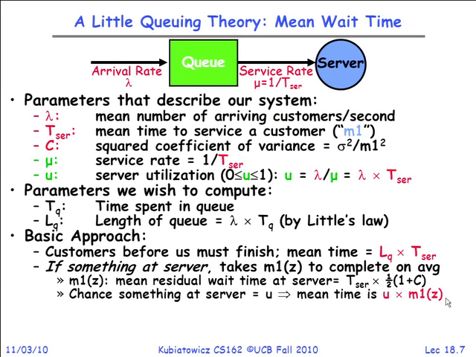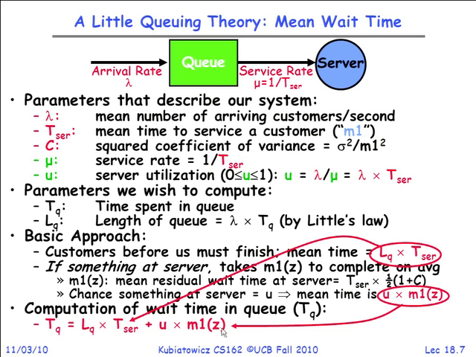Okay, and then we just put these together. So the time in the queue is everybody in front of me in line, LQ times T sir, plus U times residual time, and poof, we're done. Now, I'm going to pause here before we do algebra. Ask a question. Does that make sense to everybody?